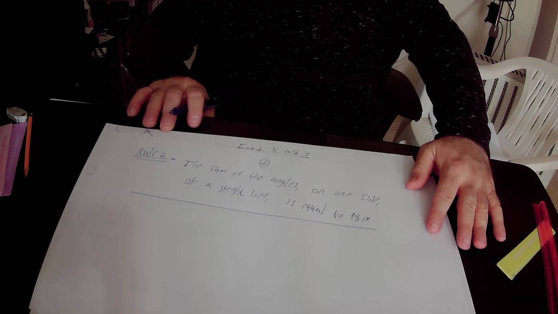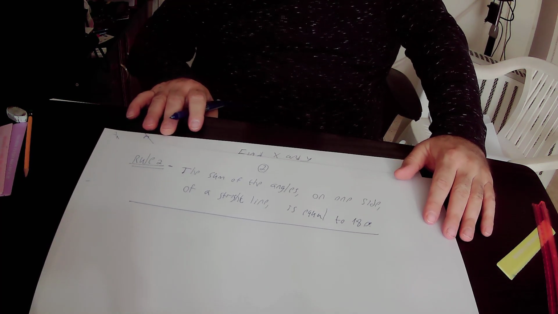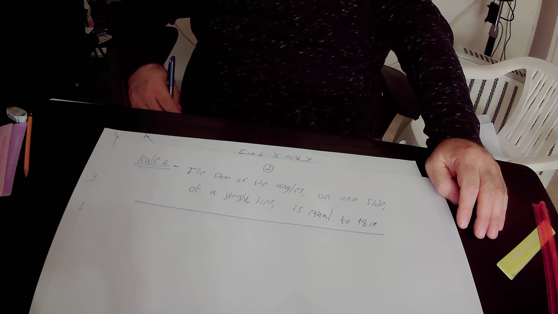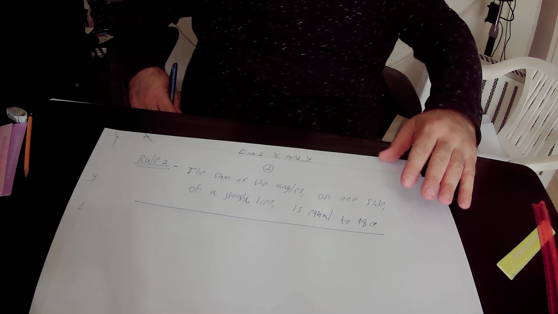We will read rule number 2 again. According to rule number 2, the sum of the angles on one side of a straight line is equal to 180 degrees.